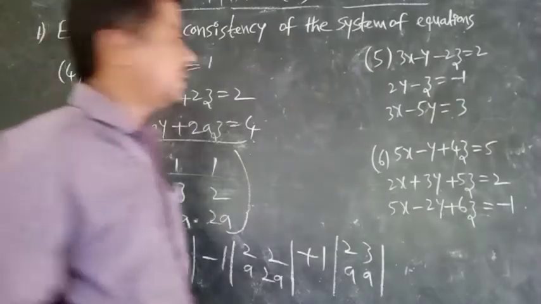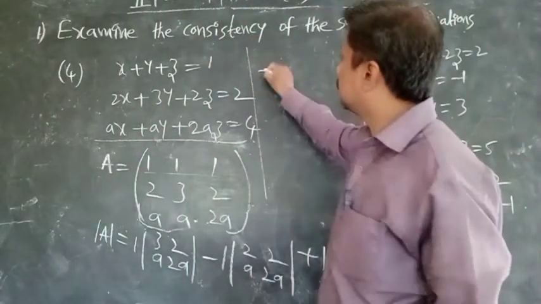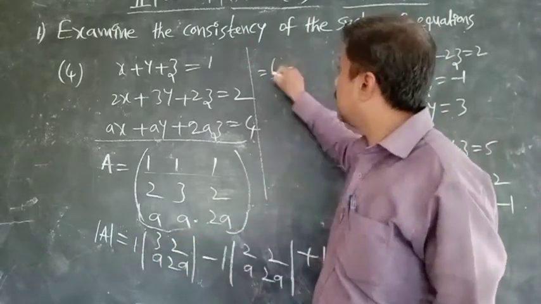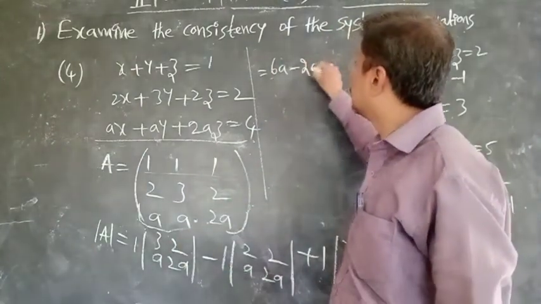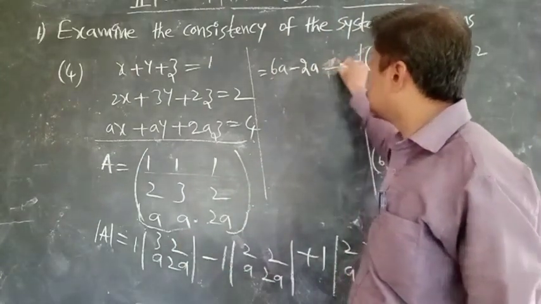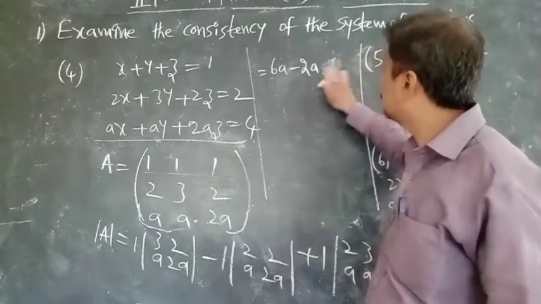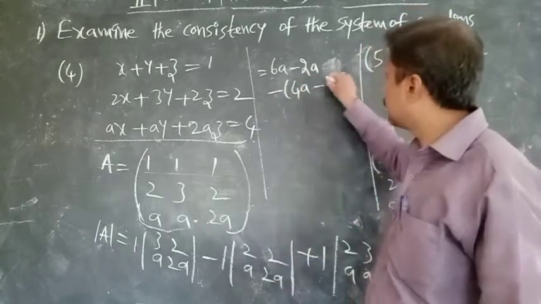So simplify this one. Next, 1 into 3 into 2A, 6A, minus 2 into A, 2A, plus minus into 2 into 2A, 4A, so minus of 4A minus 2 into A, 2A.